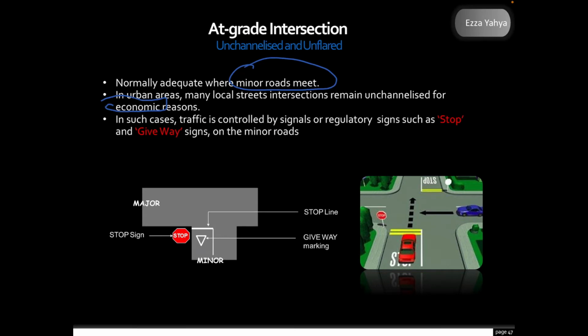In such cases, traffic is controlled by signal or regulation signs. So there is a traffic signal, like a traffic light. Another one is regulatory signs such as stop and give way signs on the minor road like here. So have the stop sign, and another one is a give way line. Give way line has a symbol like this.